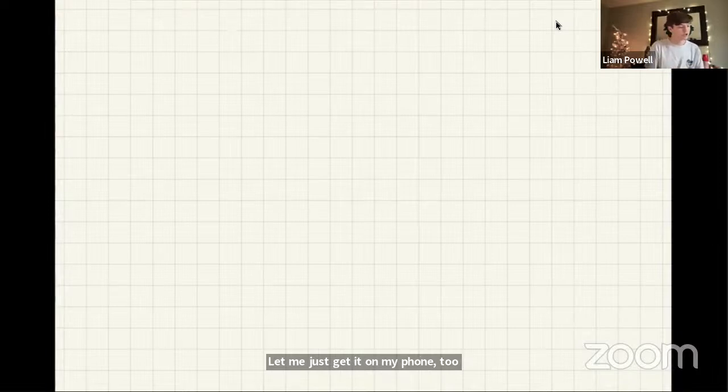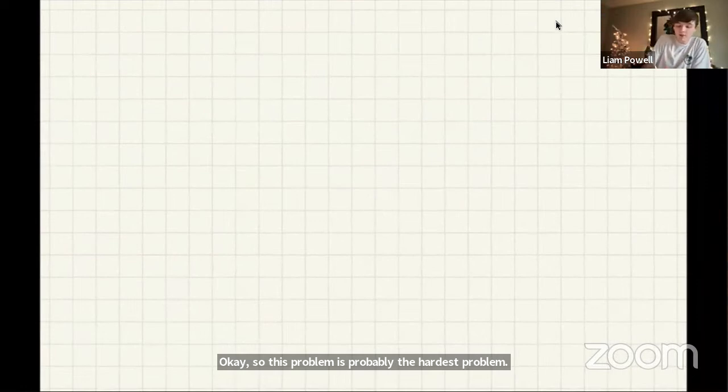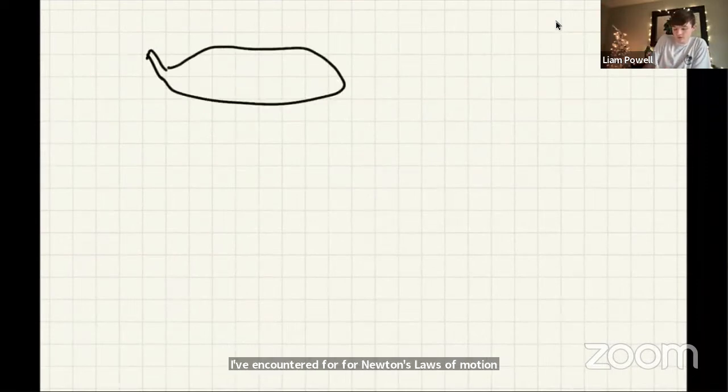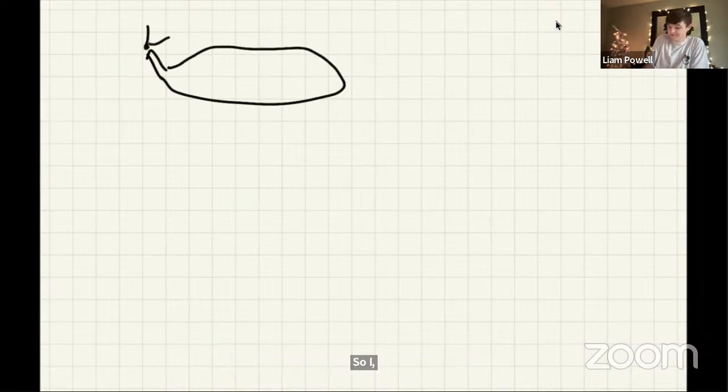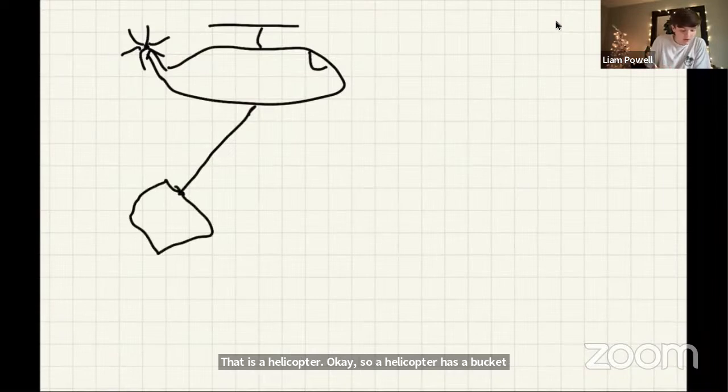Okay, so this problem is probably the hardest problem I've encountered for Newton's laws of motion. So a helicopter has a bucket, or we can call this just a mass, which is equal to 430 kilograms.